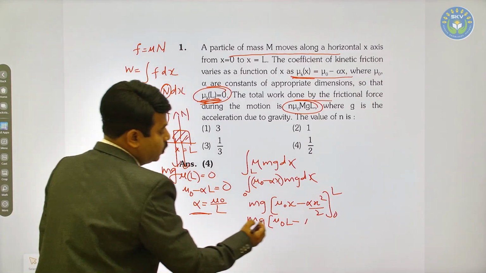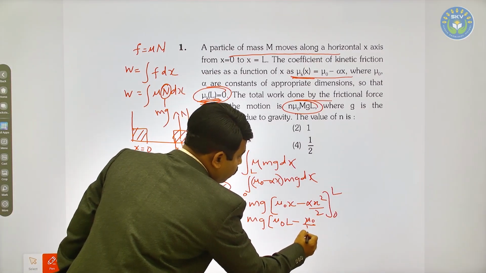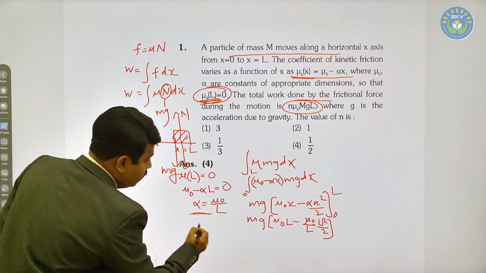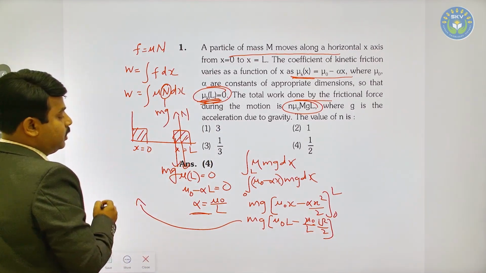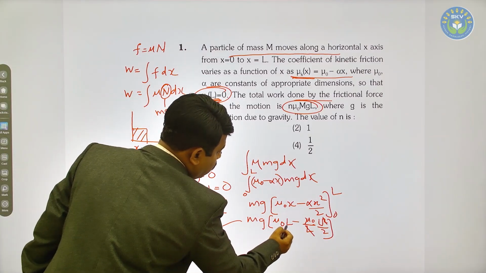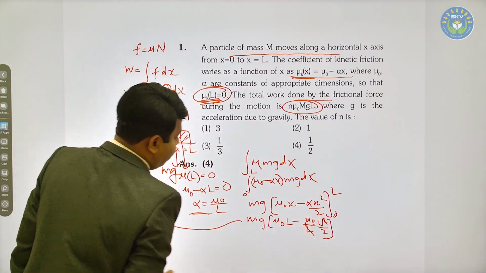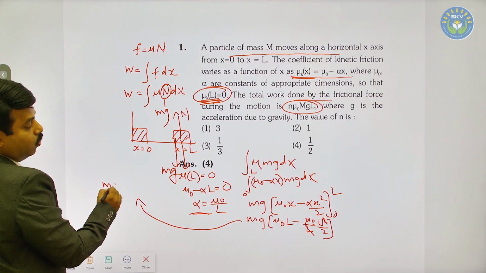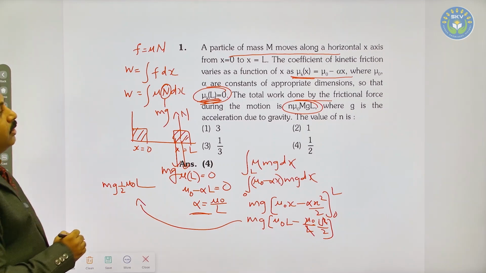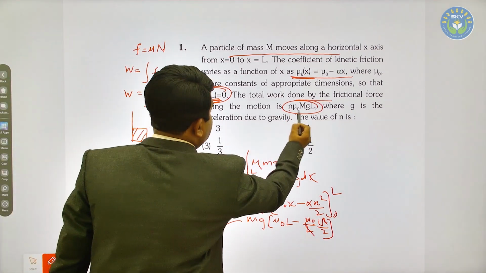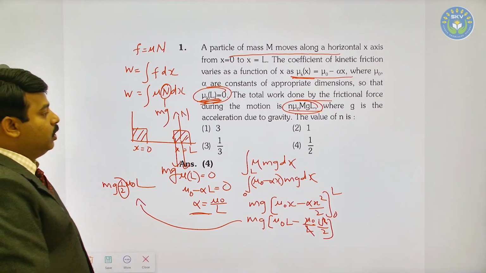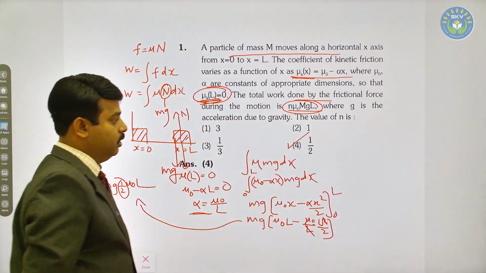We solved it here: mu 0 by L. Then this L square cancels, giving mu 0 L minus mu 0 L by 2. Then mg into half into mu 0 L. So n mu 0 mgL, then n is equal to 1 by 2. Then option 4 is correct, right?